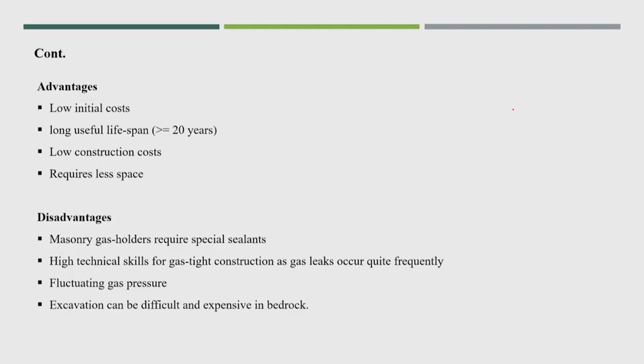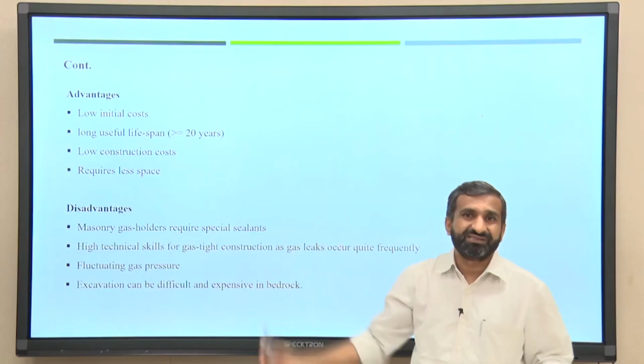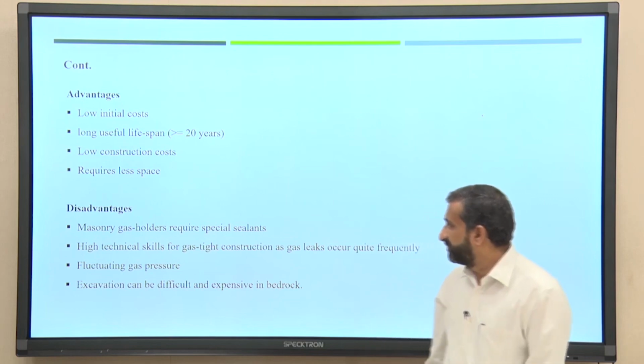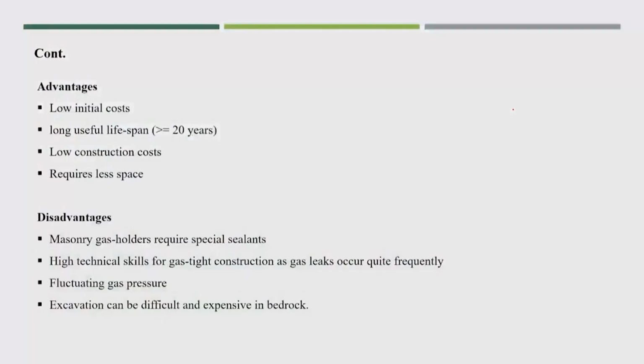But there are some disadvantages. The masonry gas holder requires special sealants, because along with the biogas production some water vapors are also produced. When you are putting the pipe, the moisture also will come out in the pipe, and because of that blockage of gases could be possible. High technical skills are needed for gas tight construction, otherwise gas leaks occur quite frequently.